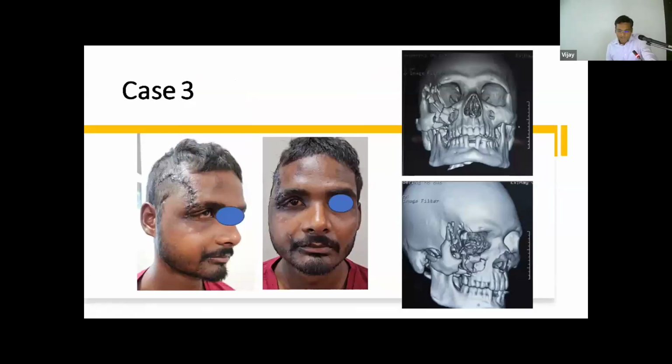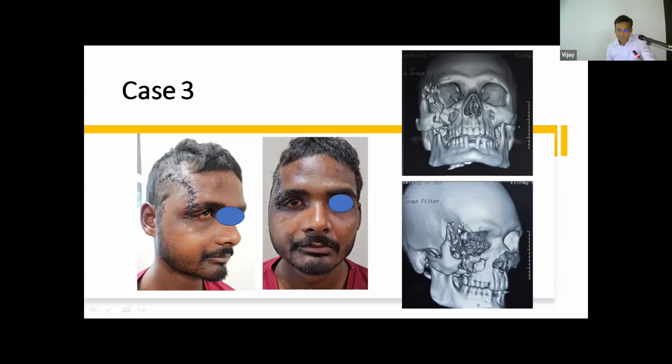This is the third case which I want to include here because this patient also reported to us late, almost 2 weeks following trauma. There was an extensive scar extending from the upper eyelid to the forehead to the scalp, anti-mongoloid slant, depression over the malar eminence, and increase in the zygomatic width. This is the 3D CT scan of the patient showing intact body of the zygoma, but all its articulations were comminuted.